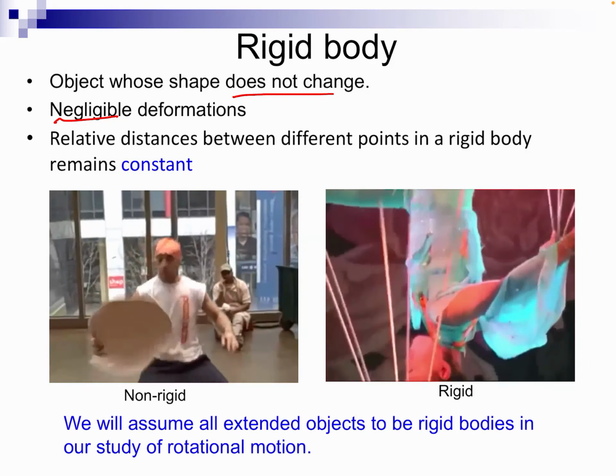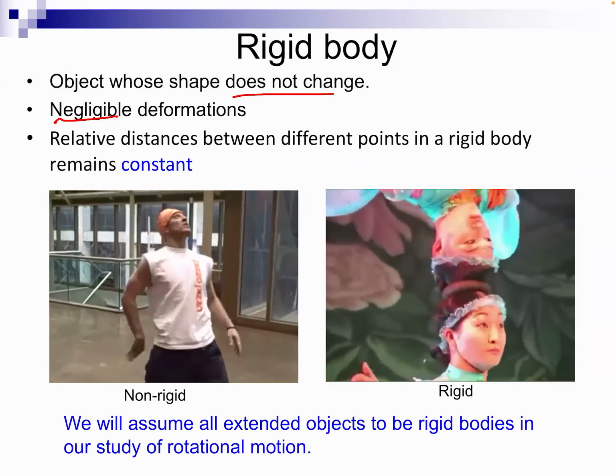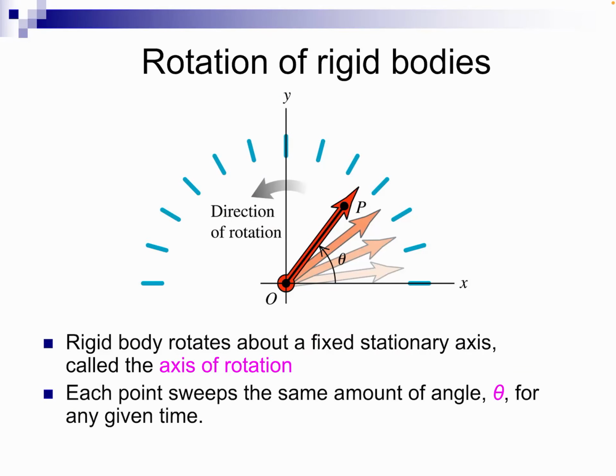Okay, right. So as I've said, for a rigid object, say this thing here, as it rotates about a fixed axis, which we call the axis of rotation, we can see that each point will sweep the same amount of angle, theta.